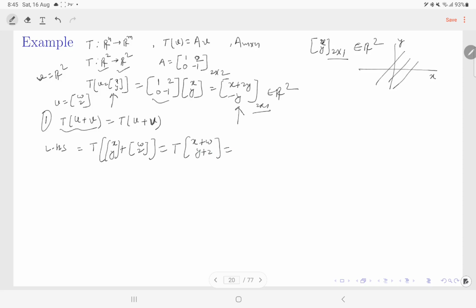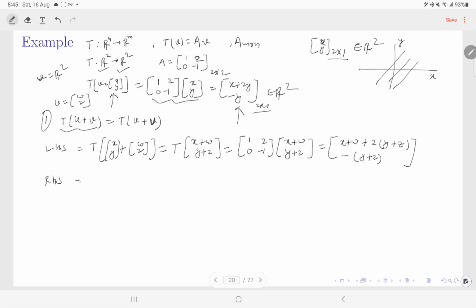Now apply this matrix [1 2; 0 -1] to this vector (x plus w, y plus z). This will be x plus w plus 2 of (y plus z) as the first term, and the second term will be minus (y plus z). Okay, so this is your LHS.